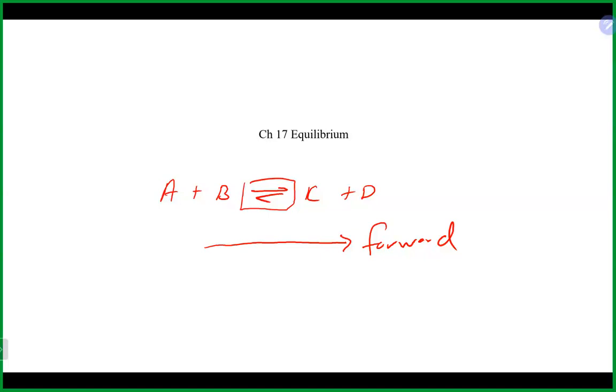And that's what's considered the reverse reaction, when our products start to combine to make our reactants. And eventually this reaction will come to, as we'll talk more about in this chapter, what is known as chemical equilibrium.